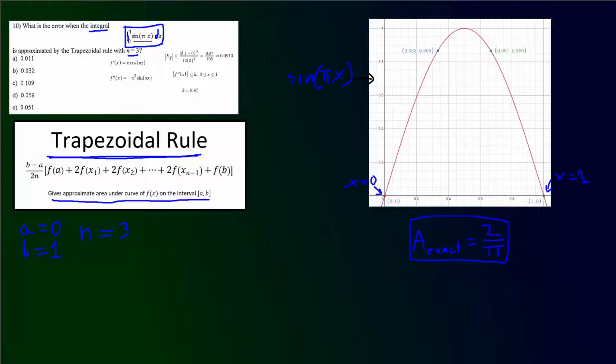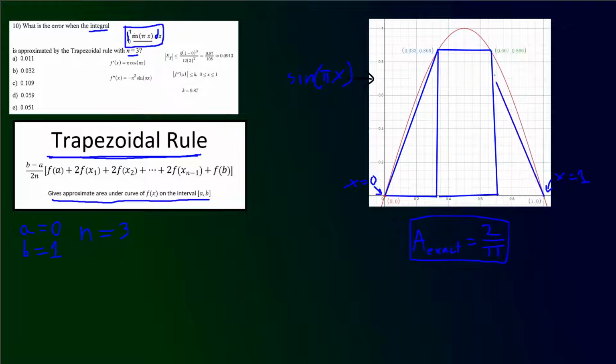So if you look over here, what we're doing is we're going to sort of approximate the area like this. And then we're going to approximate the area like this. And then like this. So maybe you can see the shape of a trapezoid, right?